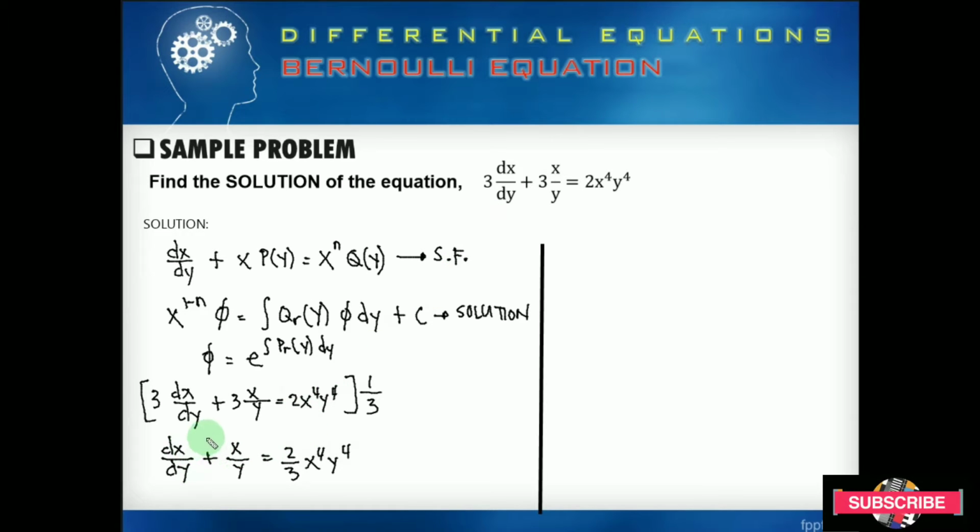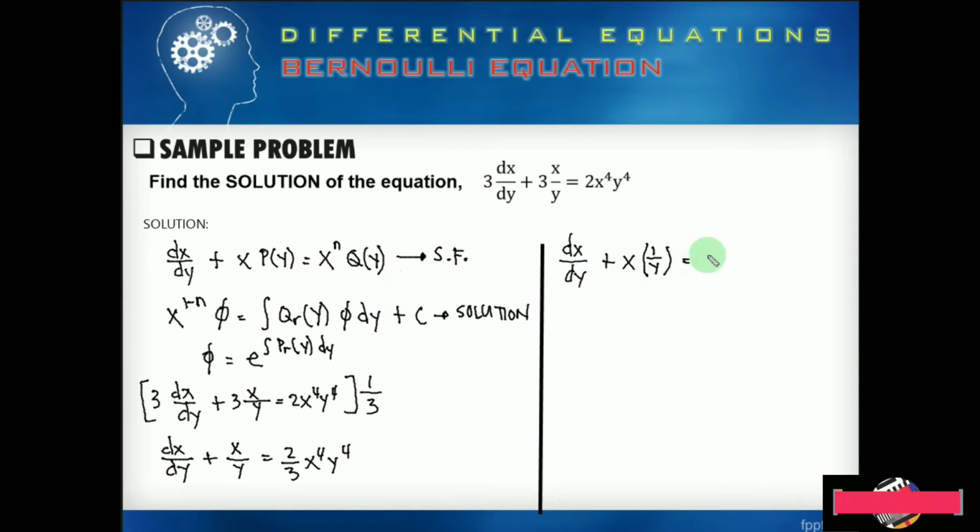So i-express natin to ng ganitong form. So magiging dx over dy siya, plus yung x, i-times natin siya ng ating 1 over y, okay, is equal now to x to the n.